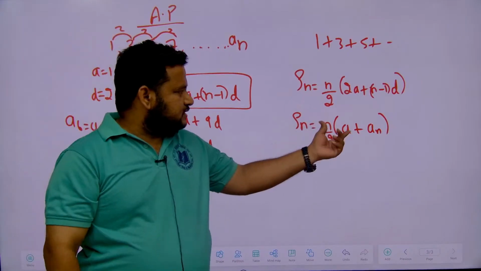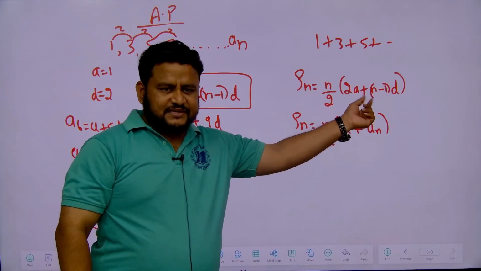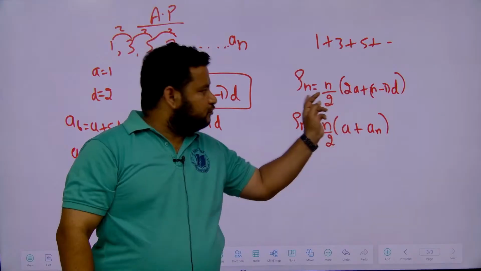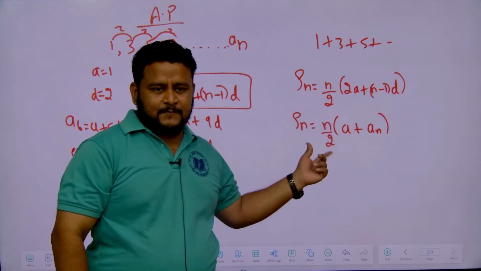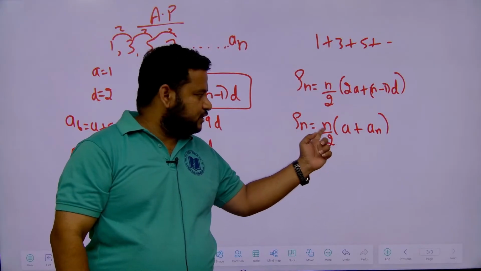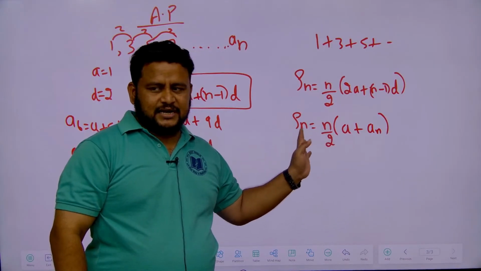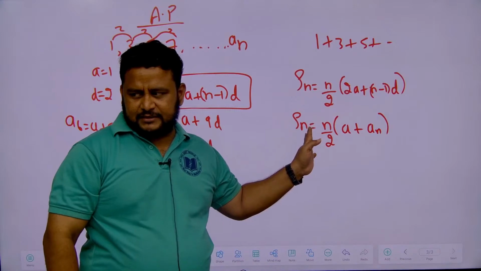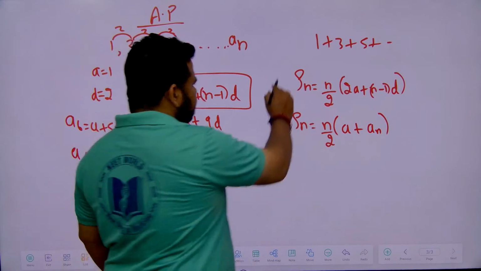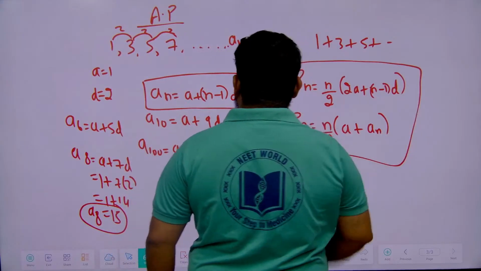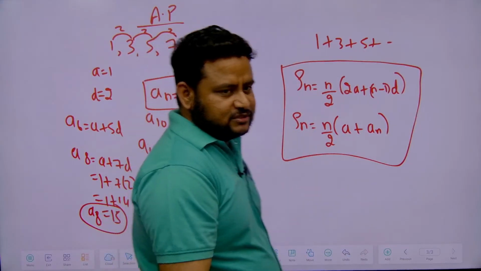Two formulas. Here d is given, n is given, but if you don't know the last term, you will use the first formula. But if you know the last term, you will use this formula, n by 2 into a plus an. So directly you can use it. Got it? This will be useful in the current electricity chapter. Write this down first. Whatever I write in the box is important. After this, we will solve one question based on this.